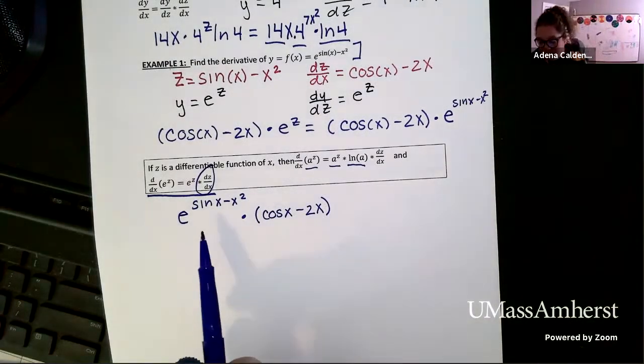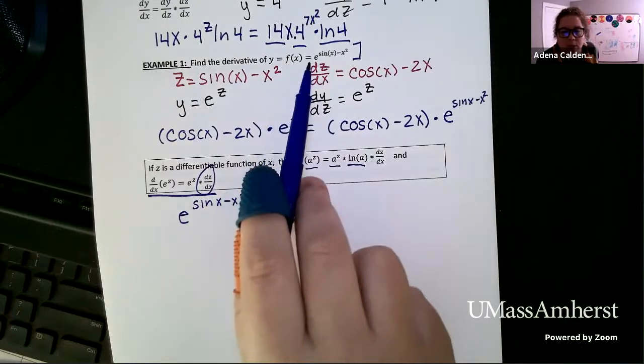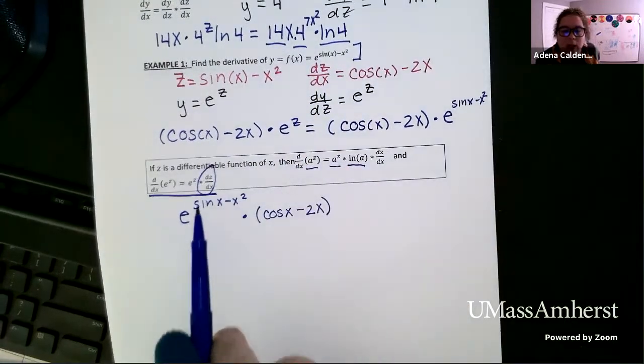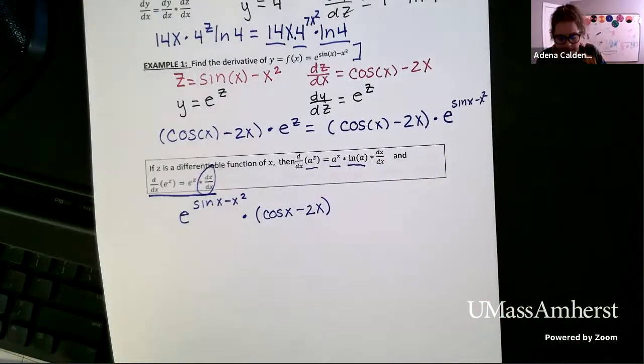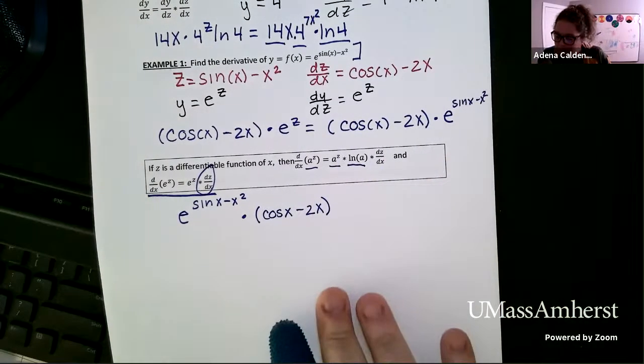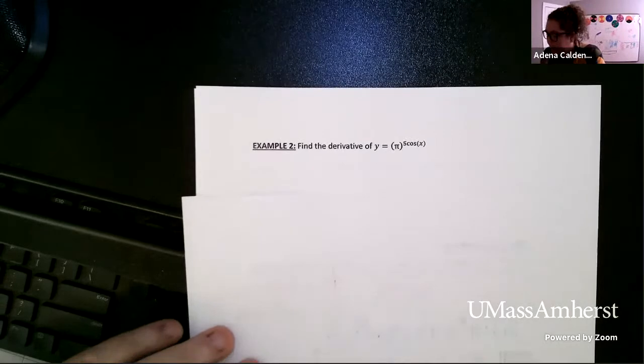I want to point out here that the power of e does not change, right? So I started with e to the sine x minus x squared, and any term that has e in it still has that same power, okay? So let's try one of these exponential forms.